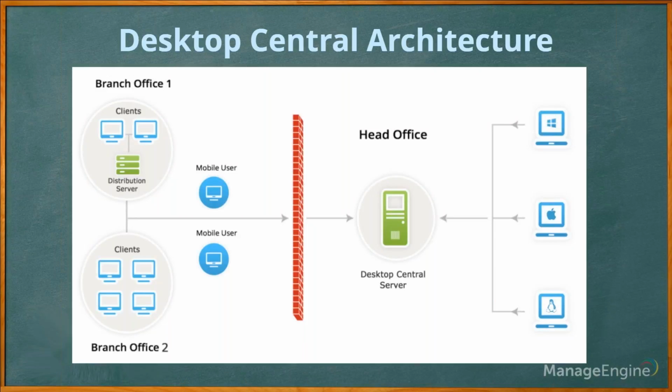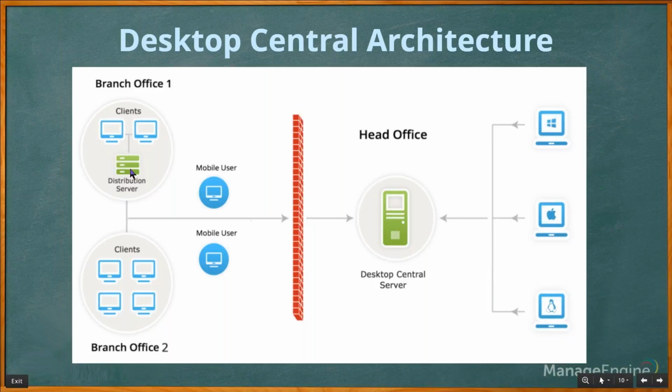Here you can also manage machines in LAN and WAN networks using a distribution server. So what is a distribution server? For example, if you are managing more than 10 machines in a remote site and have concerns with bandwidth, then you can use this distribution server option. What is the use of it? When a patch or software task is created for machines located in this remote office site, the client machines will not directly contact the Desktop Central server to download the patches.